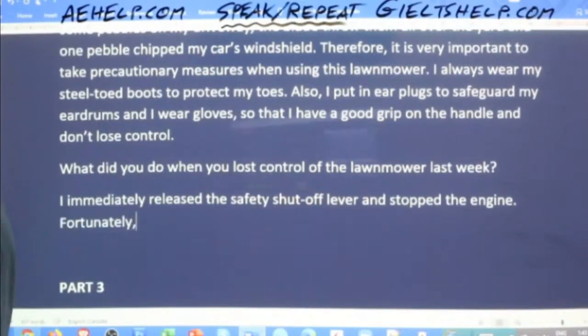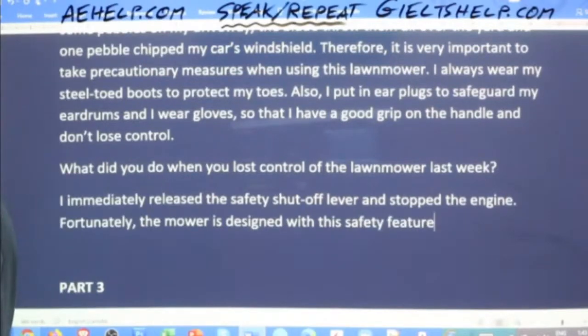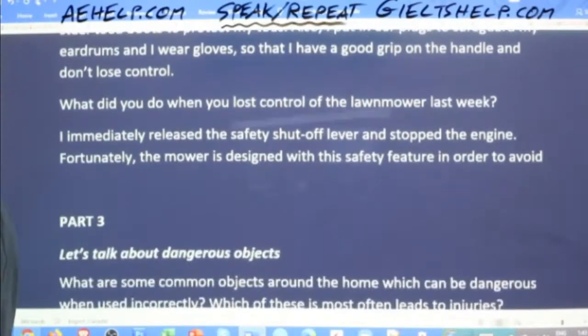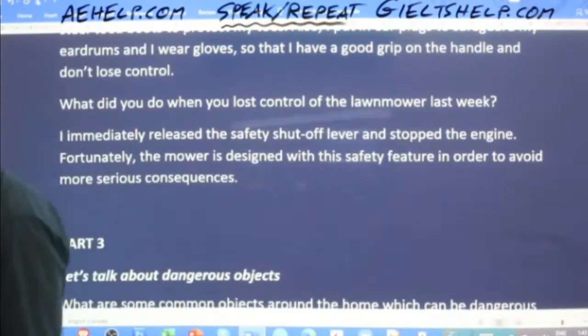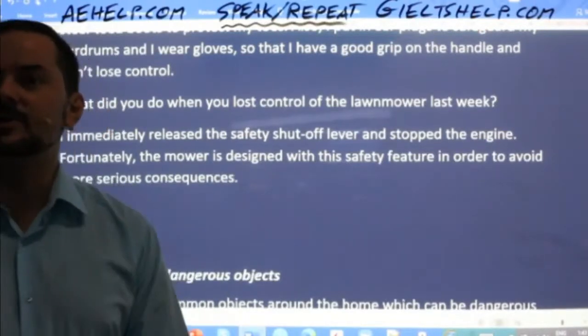Fortunately, the mower is designed with this safety feature in order to avoid more serious consequences. Okay? All right. Let's see what you wrote.